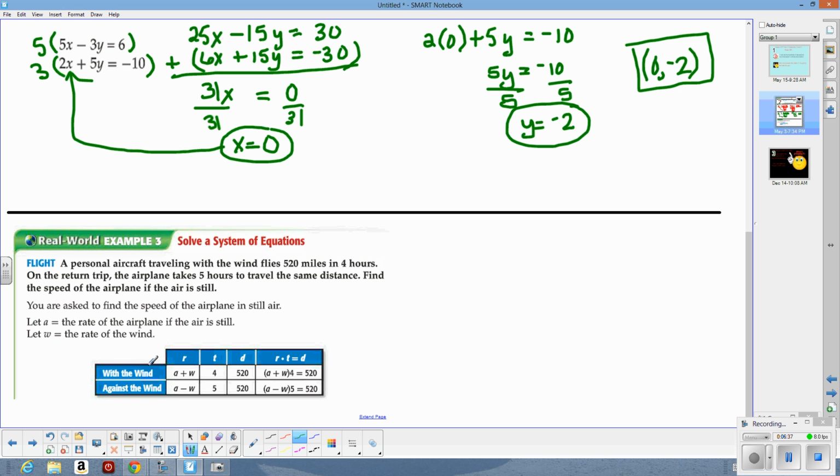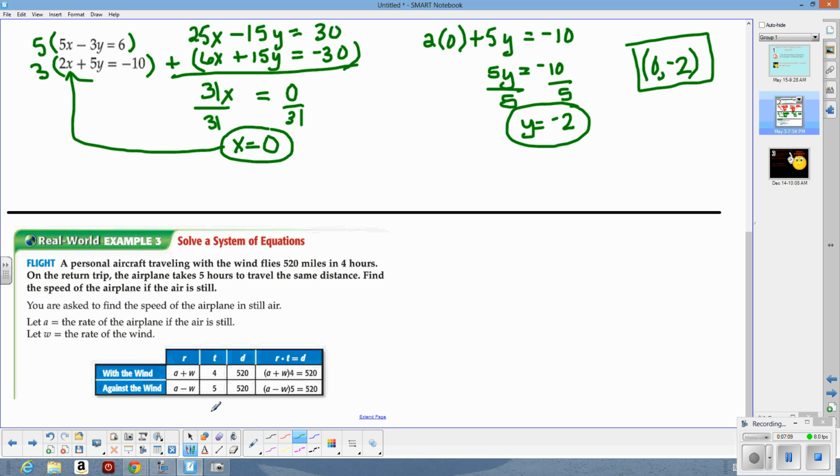So when it was going with the wind, the rate was the still rate plus the rate of the wind, and in 4 hours it went 520 miles. In other words, distance equals rate times time, or (A + W) times 4 equals the distance, which was 520.